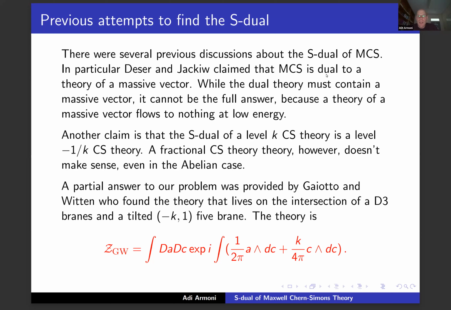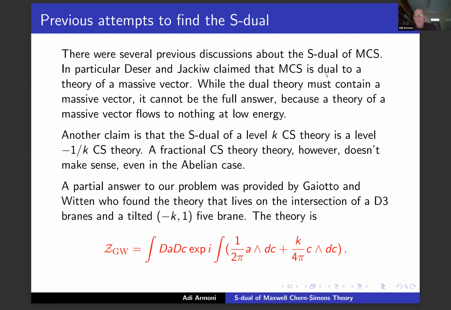That was done by Gaiotto and Witten, and they found the S-dual of the theory that lives on a D3 ending on a (1,K). The S-dual is a D3 ending on a (-K,1). And what they argued is that this is the partition function that I wrote below.